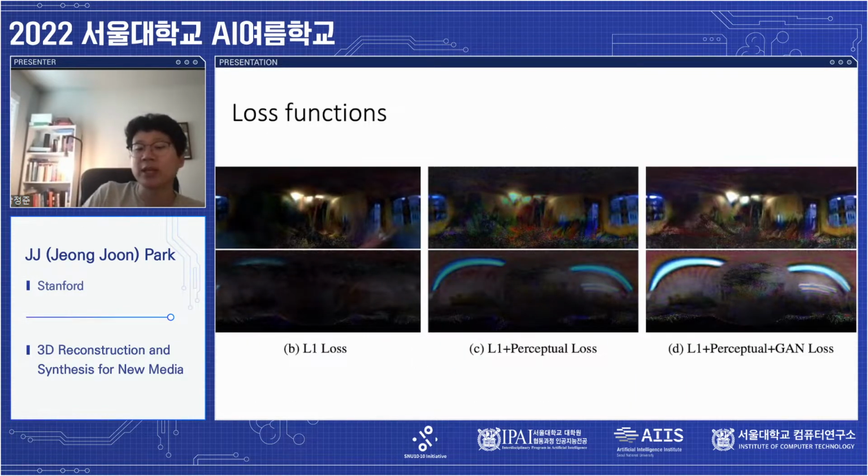One thing to note is that the choice of loss function plays an important role in this optimization. When you only use L1 loss, the signals become washed out due to the errors. If you add the adversarial and the perceptual loss, the reconstruction gets better.